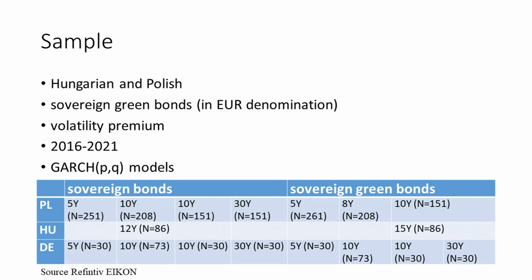Actually, what we can see here is that the variable bonds have shorter maturity. The entire presentation started with, oh, they have longer maturity, but not in the region. Also, we were able to find one euro-denominated bond in Hungary, and a quite similar green bond also in Hungary, so it's really small.